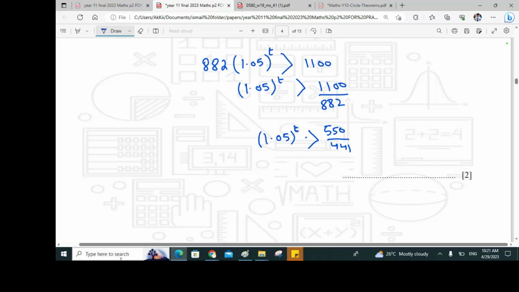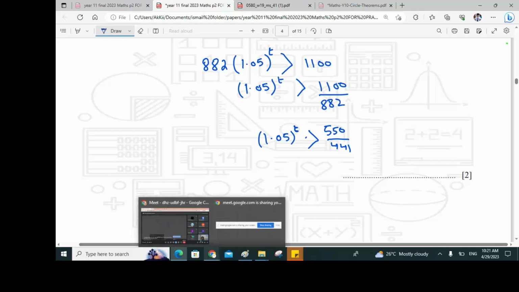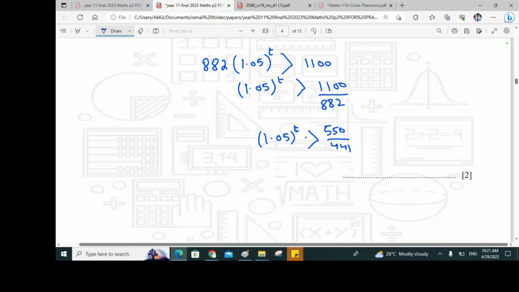Now for this part, if I have to find, let me check it, how I'm going to find out the value of t. For this, what should I do? Okay, basically for this we usually make use of logarithms.